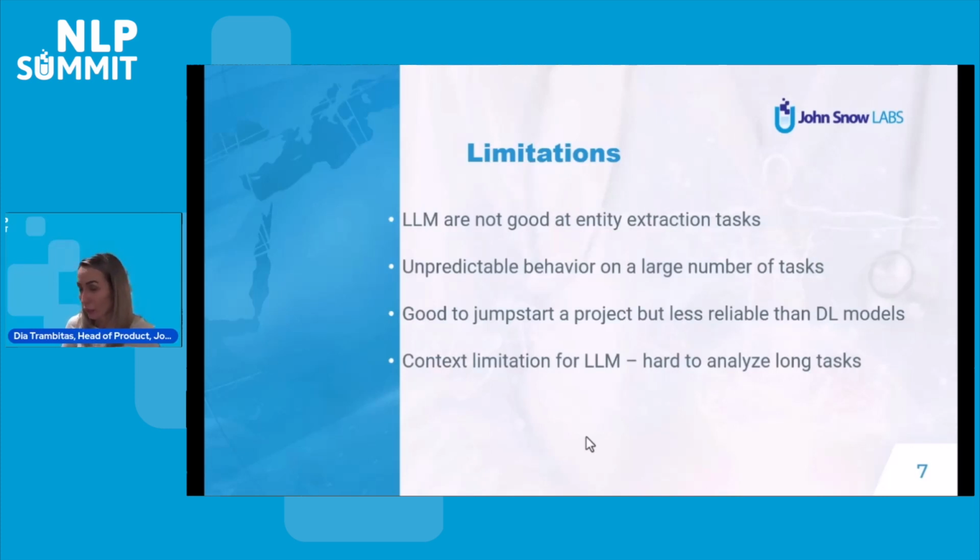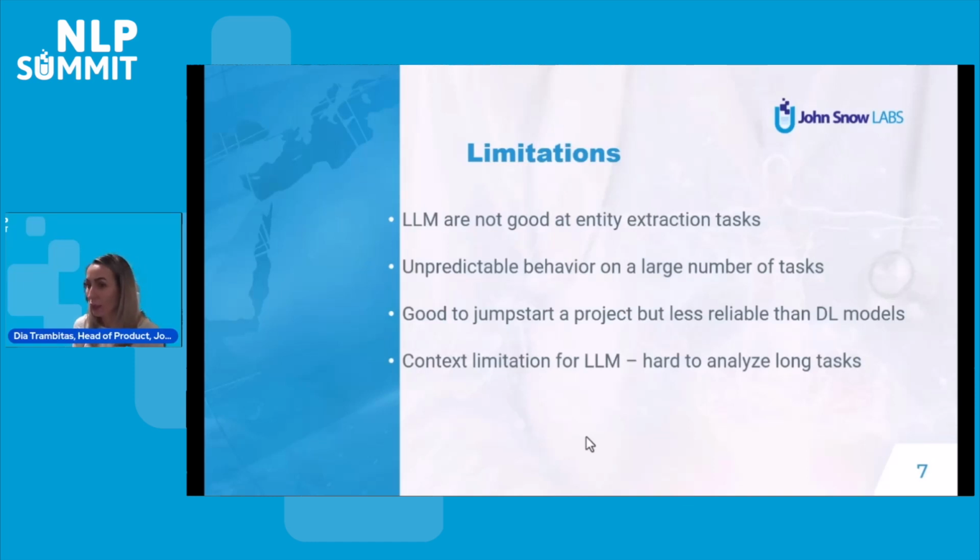While large language models have clearly revolutionized the field of natural language processing, it's essential to be aware also of their limitations as we navigate and experiment with their applications for NLP projects. First of all, it's worth noting that LLMs may not excel in certain specific tasks, especially when it comes to entity extraction.